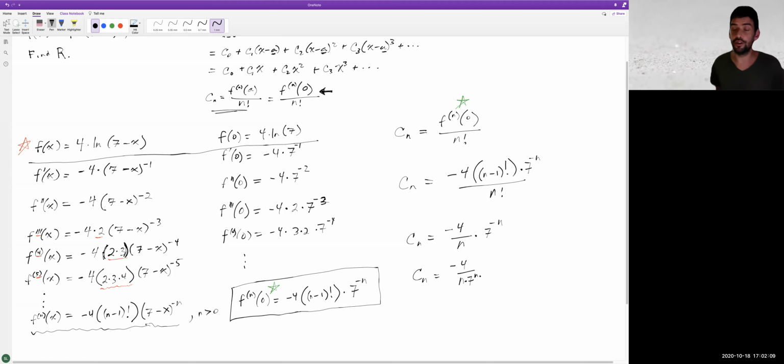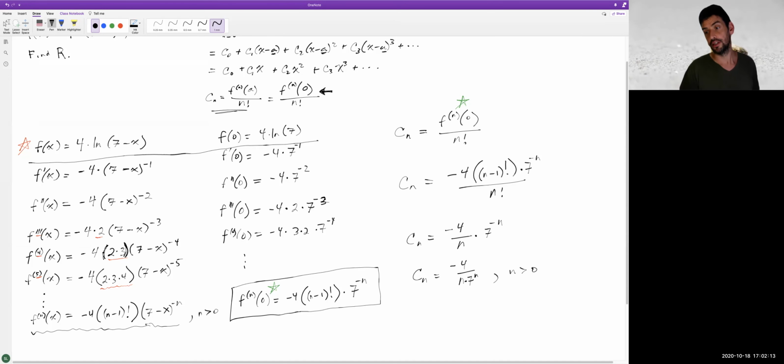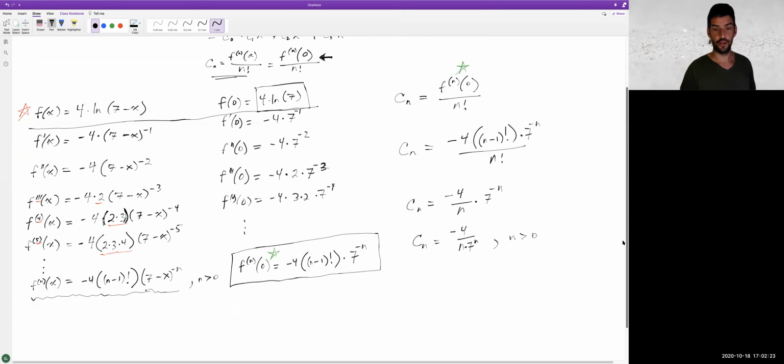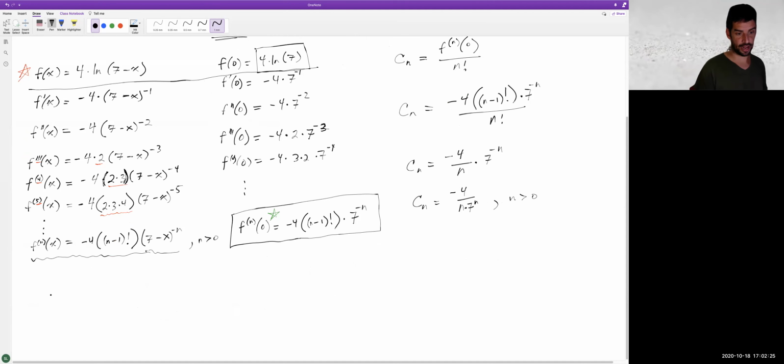This is now a formula that spits out all of our coefficients except for the 0th coefficient. That one is just this, right? It doesn't follow the actual pattern. In other words, what I could write down is that f of x is equal to, so I'm going to do the summation, but I can't start my summation at 0 because the 0th term doesn't follow this pattern.